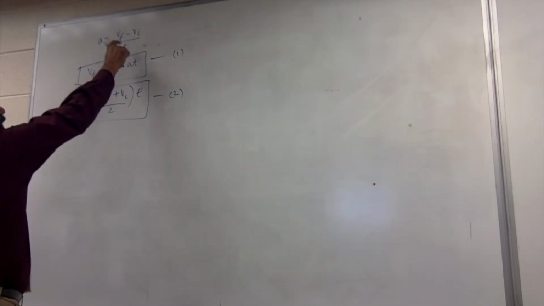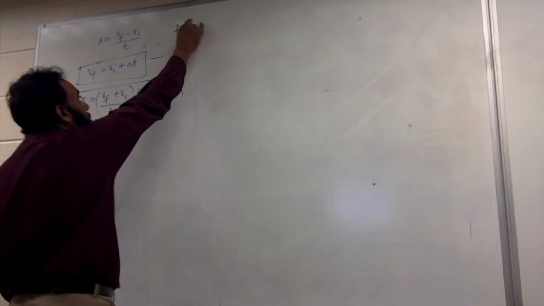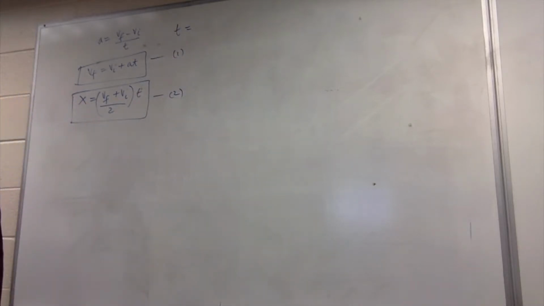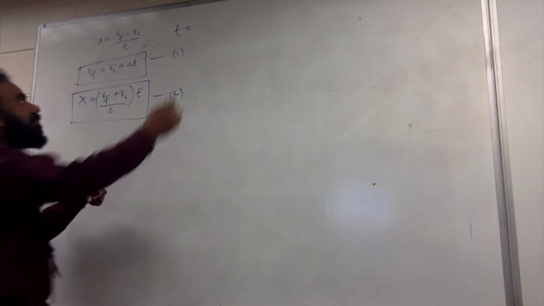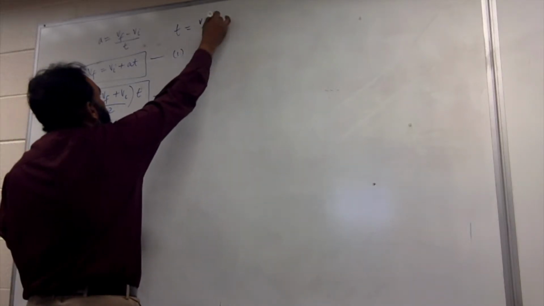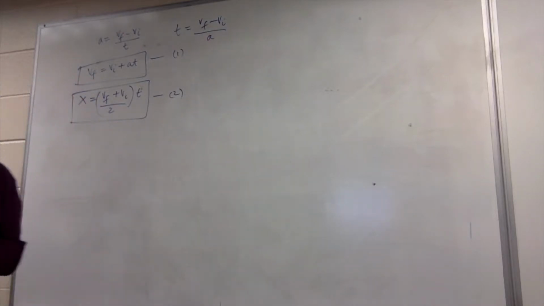What is time? From that equation, tell me what is time. Time equals Vf minus Vi divided by acceleration. Is that clear?